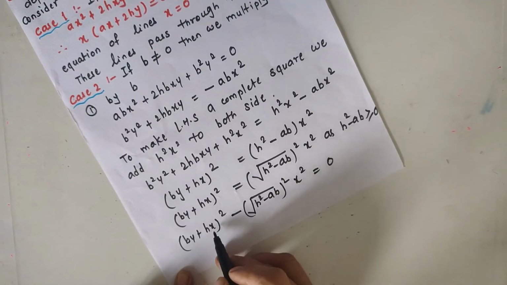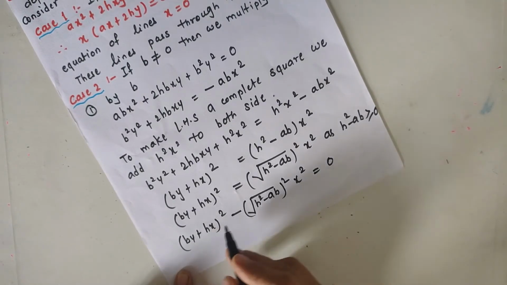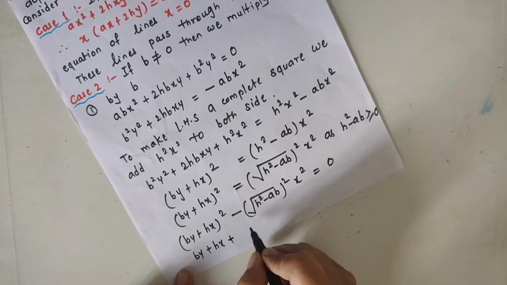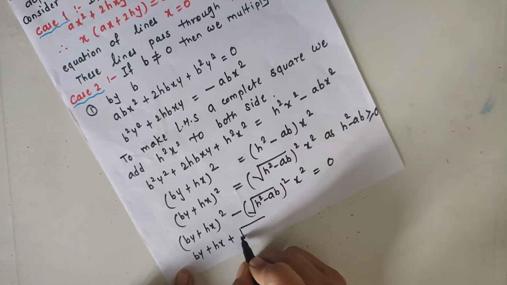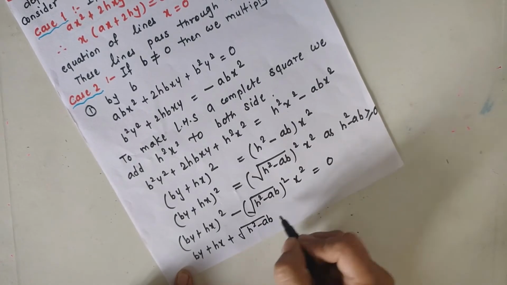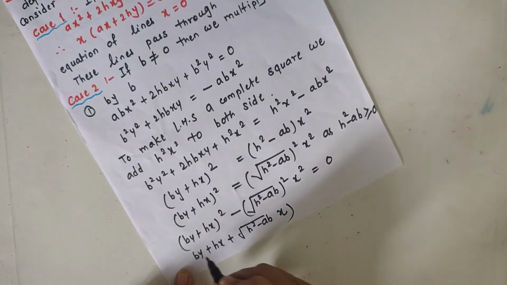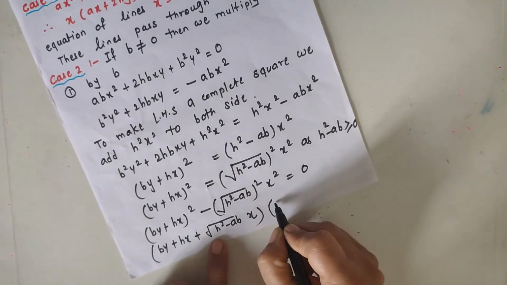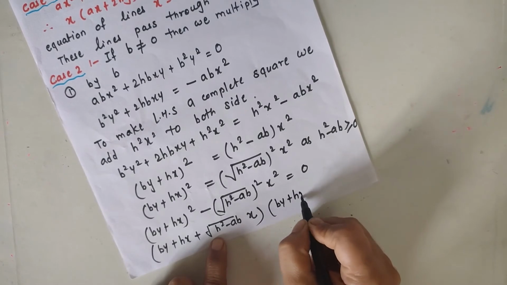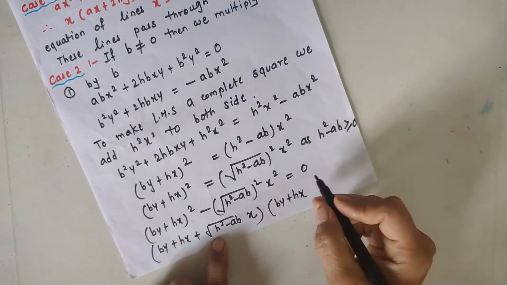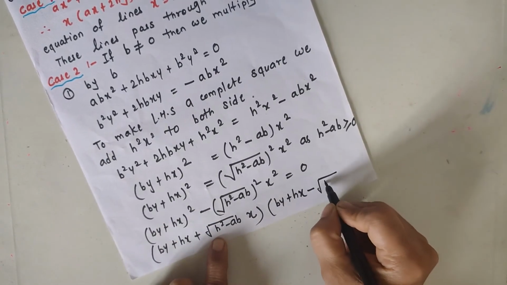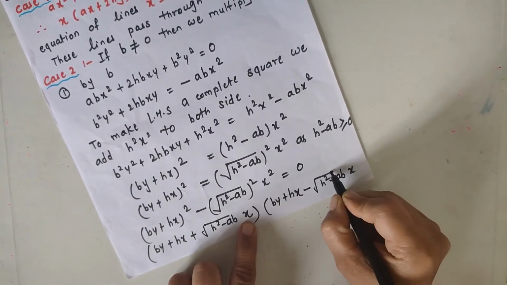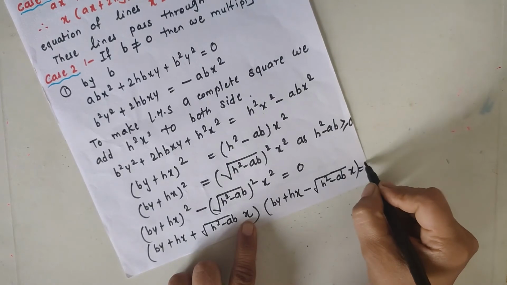So here by using the factorization, we get by plus hx plus under root of h square minus ab into x. This is the first factor, and the second factor is a minus b, that is by plus hx, the first term, minus under root of h square minus ab into x is equal to 0.